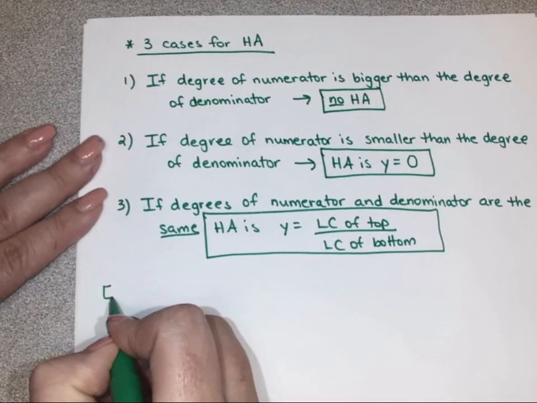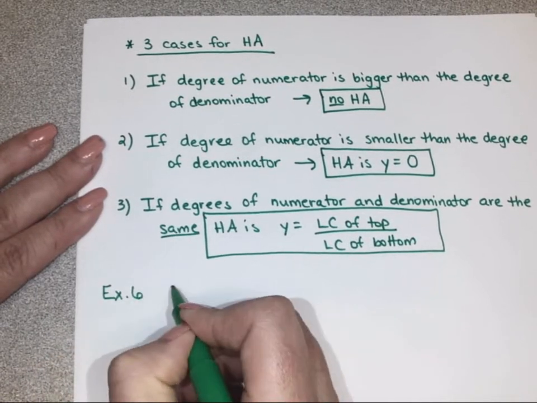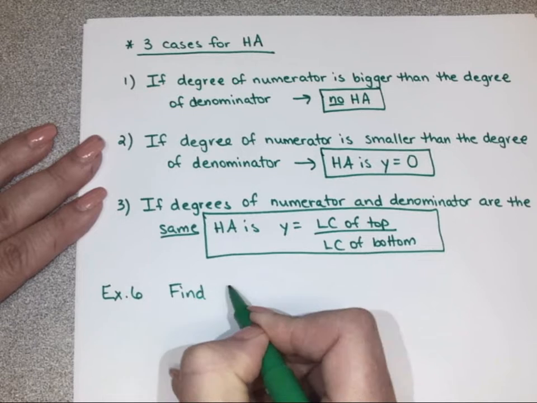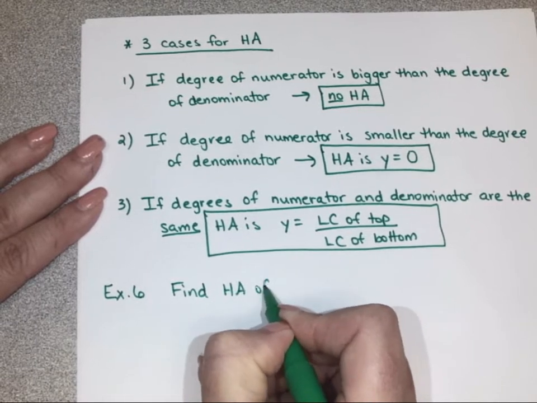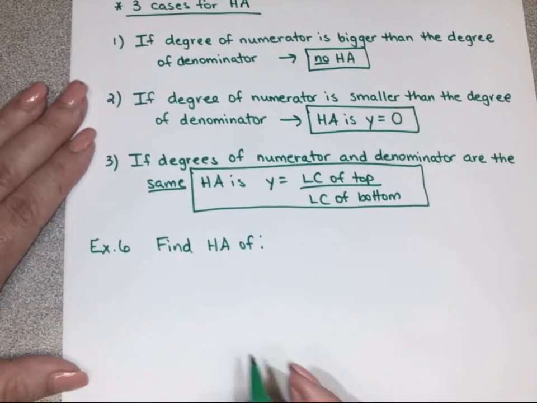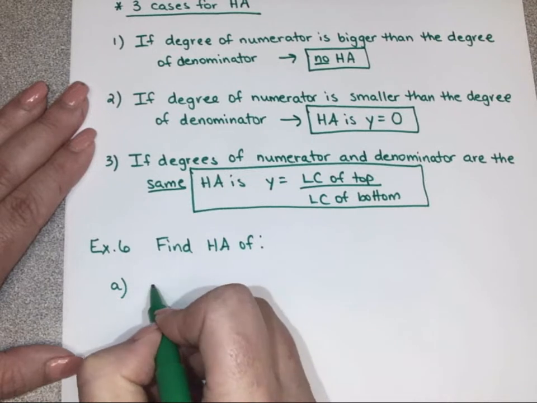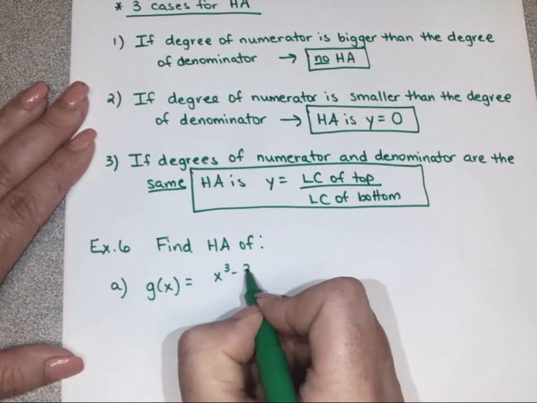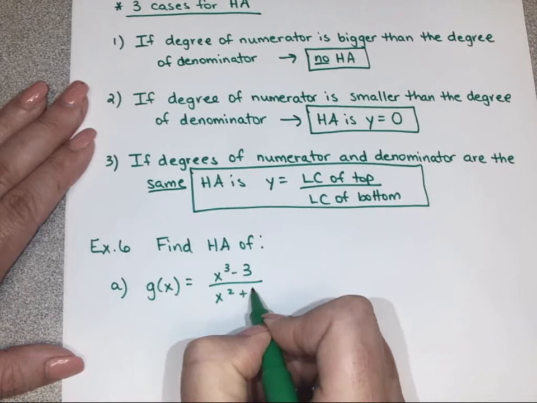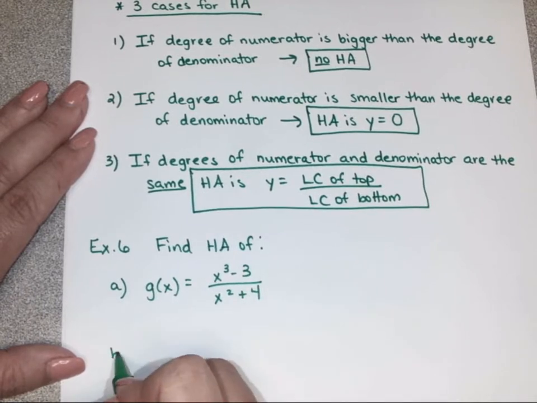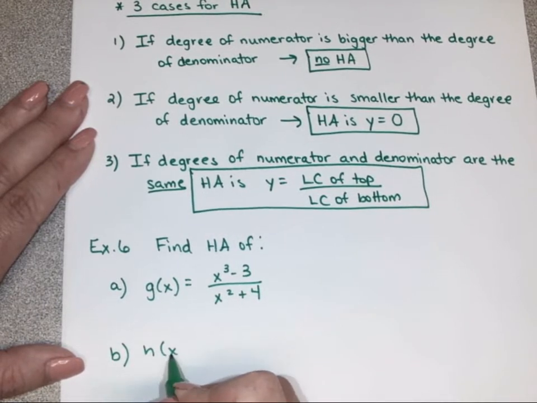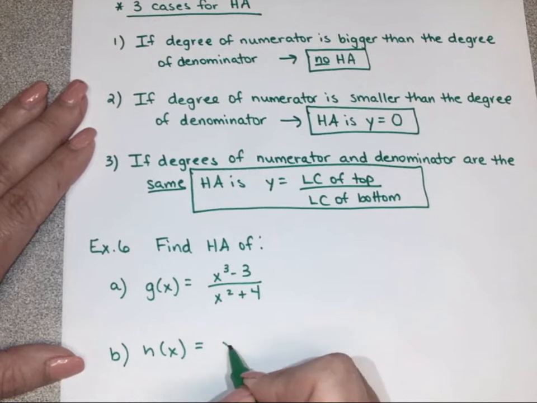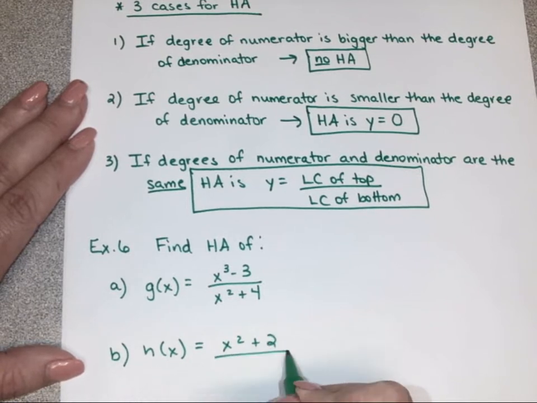Okay, so let's do maybe like a three-parter here. I don't want you to do anything other than find the horizontal asymptote of the following three equations, and we're just going to write them all at once. So the first one looks like this. Second one looks like this.